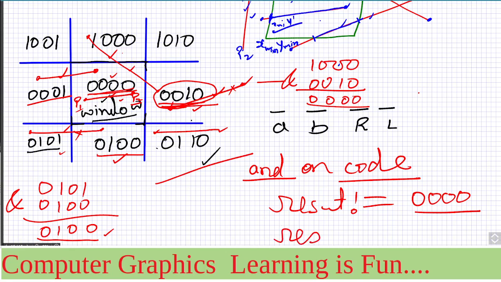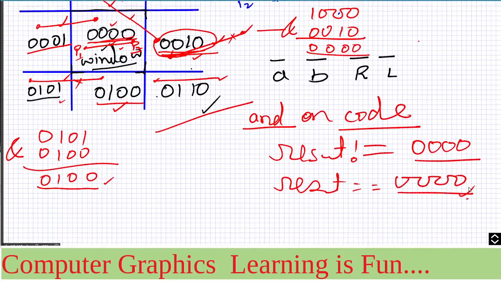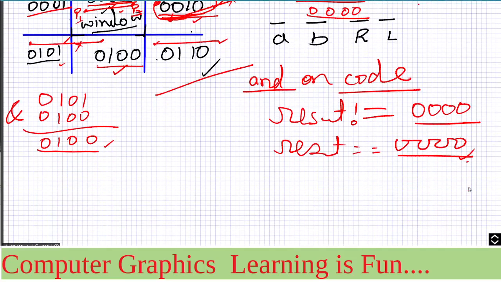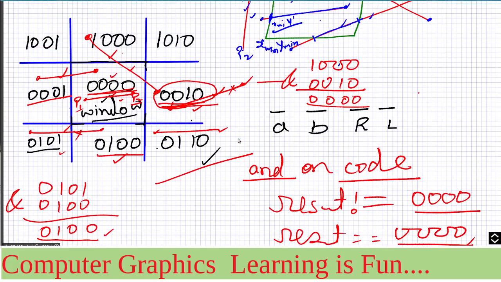If the result is equal to 0,0,0,0, then we have to understand that the endpoints were outside the window, but the line is passing through the window. That's why the result is 0,0,0,0. So in such a case, what do we need to do? We need to clip such lines.